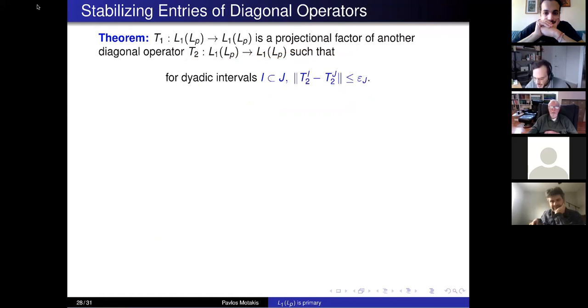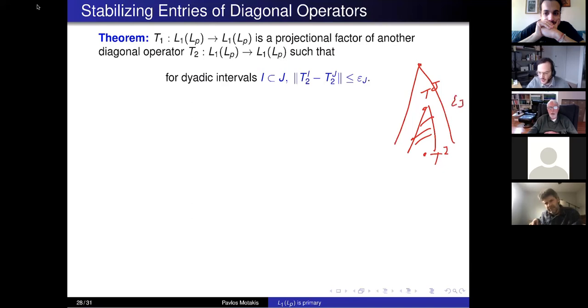And basically what this says is, so you have your operator T2, and it has these Ti's, and these Ti's are indexed over the dyadic intervals, which are a tree. And then I take any Tj here, and then I look at everything under it, and I take any Ti in here. And then the distance of these two guys is some epsilon j that only depends on j. And epsilon j can be prescribed to be anything you want when you start your proof.